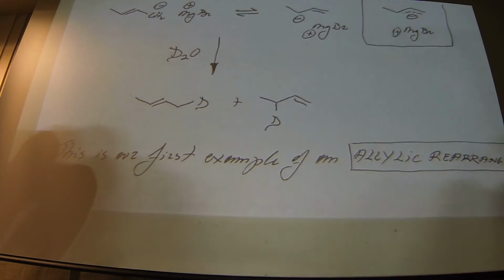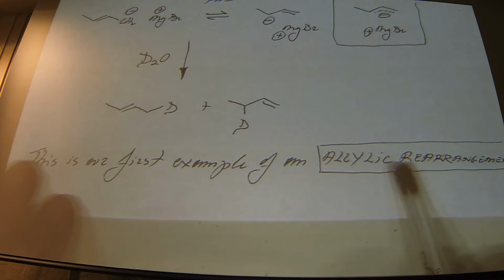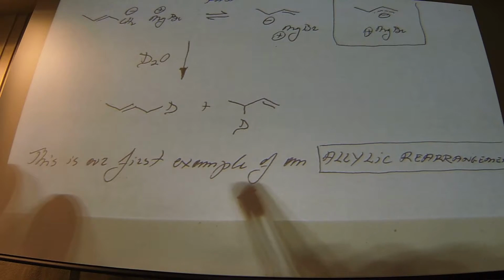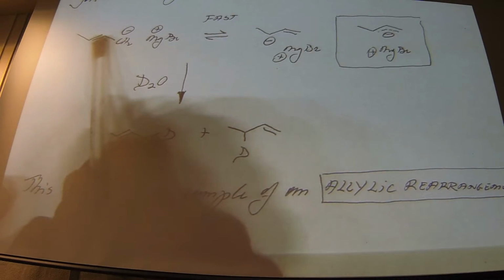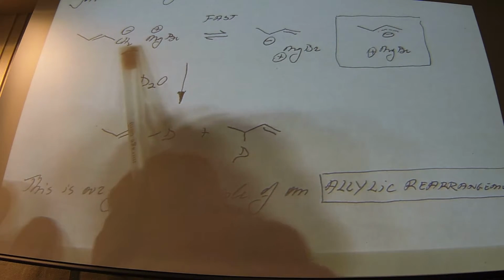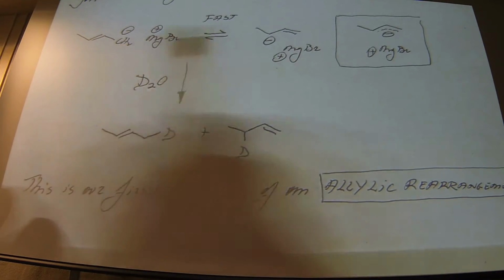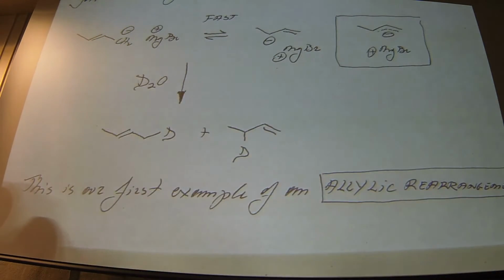It actually is different. Okay, now this is our first introduction to an allylic rearrangement. In other words, let's imagine that I start out with the primary allylic bromide. I make the Grignard. Once I make the Grignard, even though I start with the primary allylic bromide, I end up with both Grignard reagents because it's allylic.